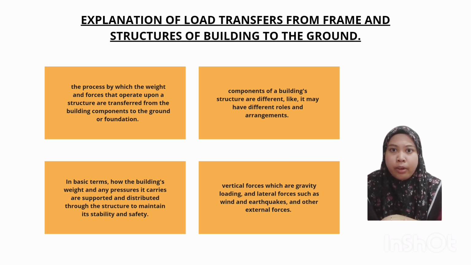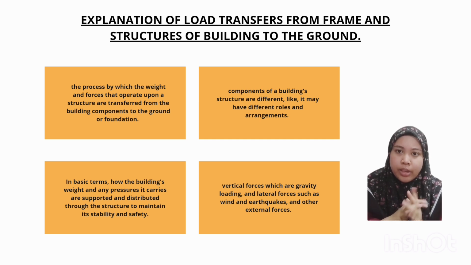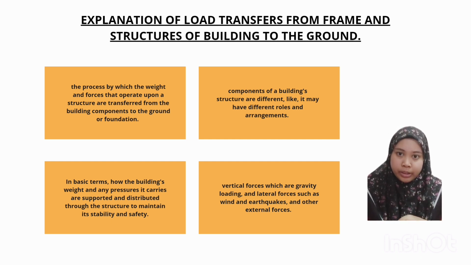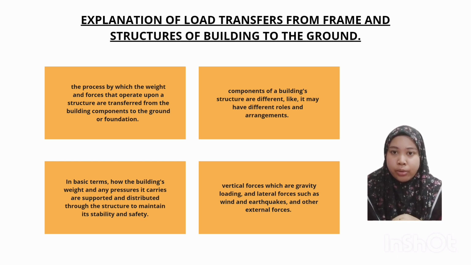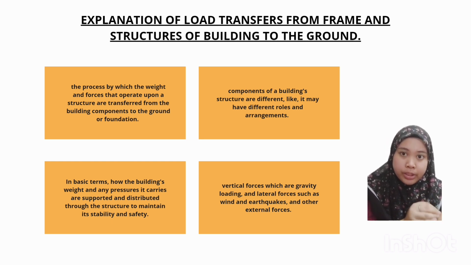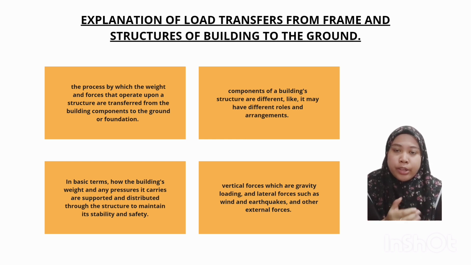So even though a few of us might see that we have two kinds of questions here, actually the load transfer from the frame of the building to the ground and the load transfer from the structures of the building to the ground are the same. It tells that the components of the building structure are different, like they may have different roles or even arrangement.